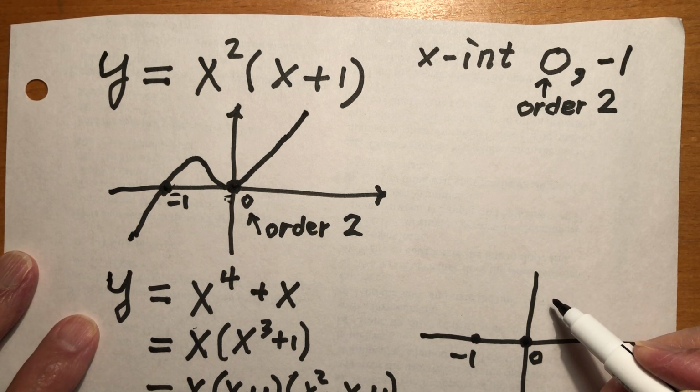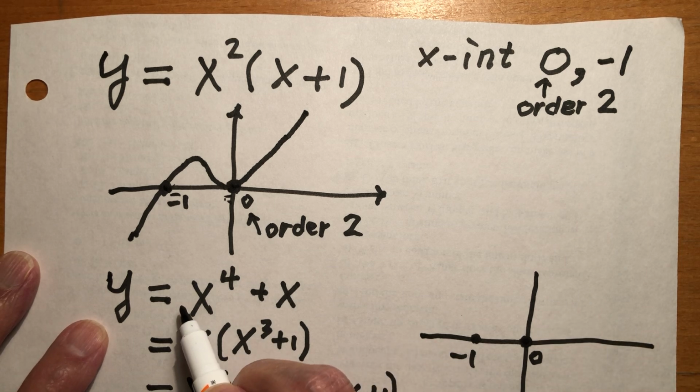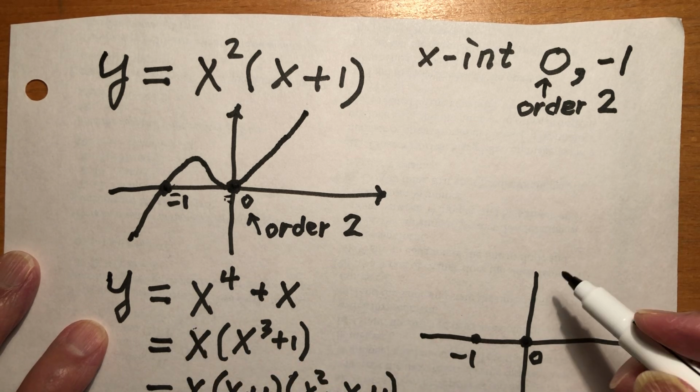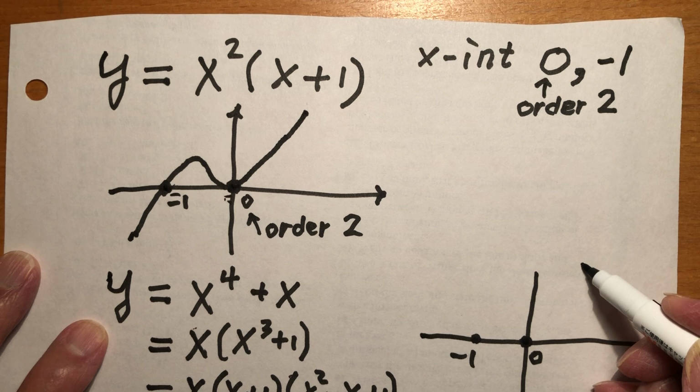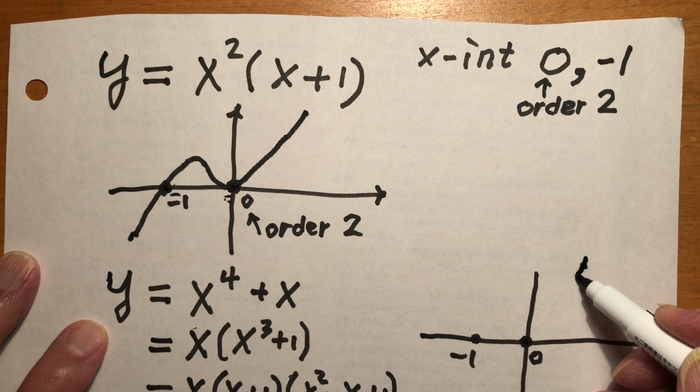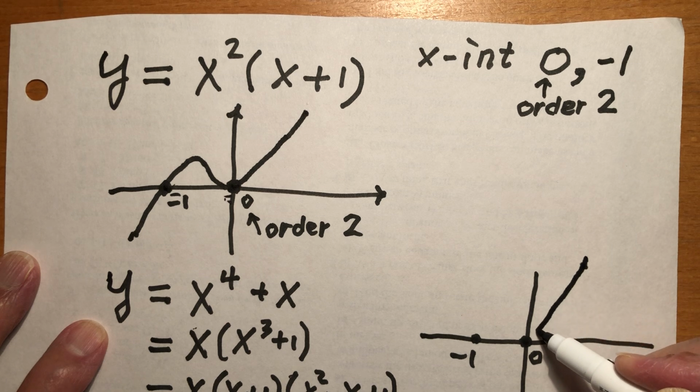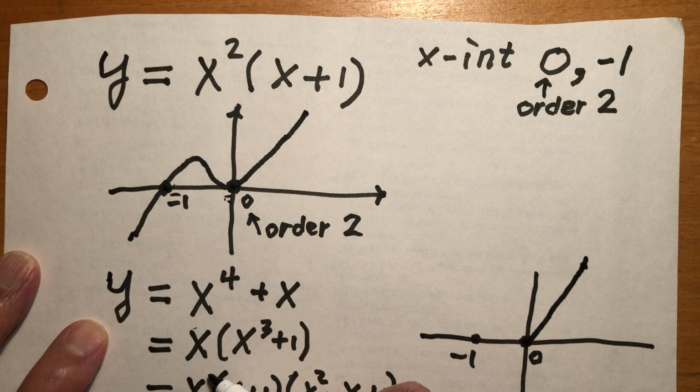The leading coefficient is 1, positive. So I start from here now. The exponent is 1 here. Exponent is 1 here. So I cross this x-intercept.